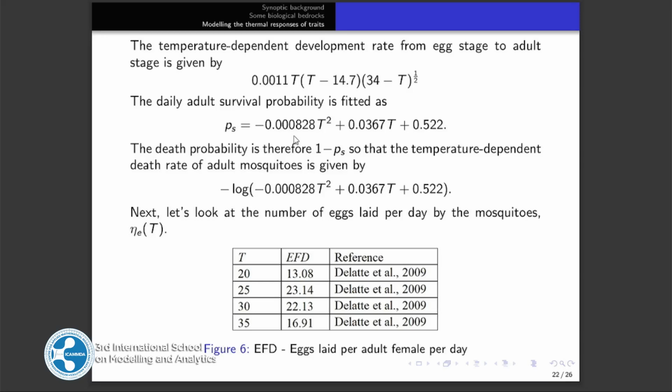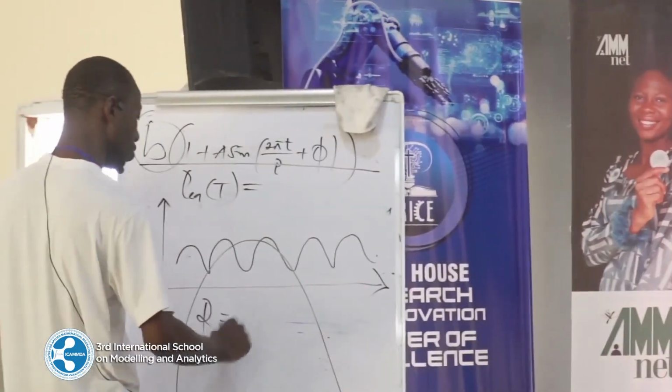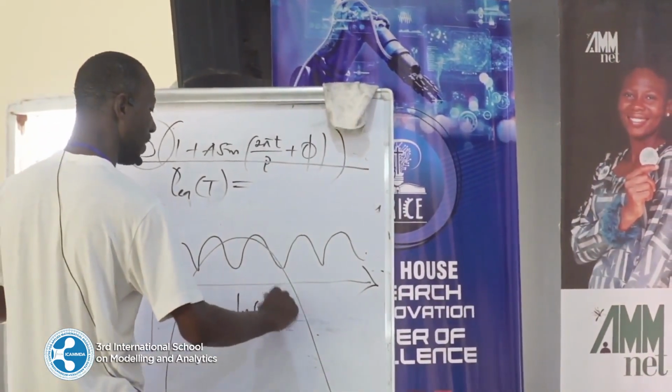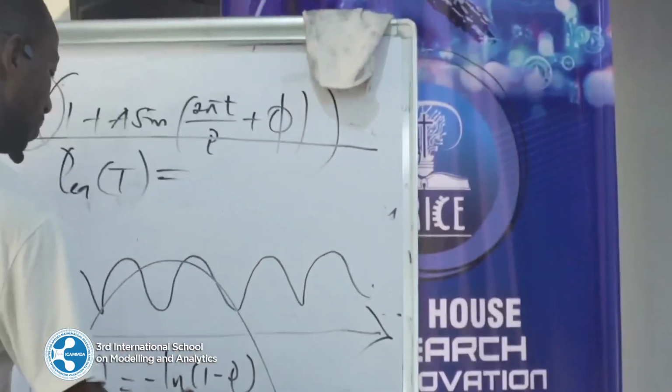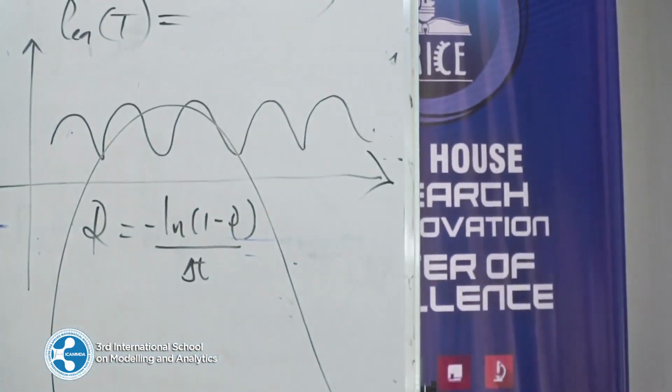And that's why we have here, the death probability is therefore 1 minus the probability that it survives. So the temperature dependent death rate of adult mosquito is given by this, minus log, all of that, because there's a way you can convert proportion to rate. That is given as rate equals minus ln(1 minus p) over the time difference.